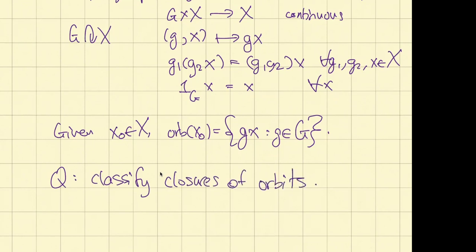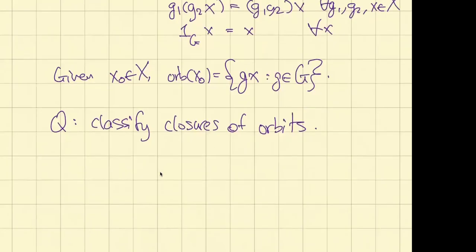I'm going to give you two examples. You're going to see that this is a very ambitious goal in dynamics. It's not common that you can classify the closures of all the orbits, but I'll give you two examples, one in which this is possible and one in which this is not possible.